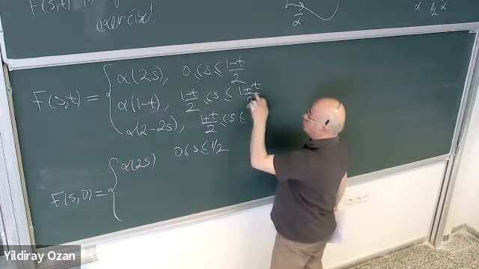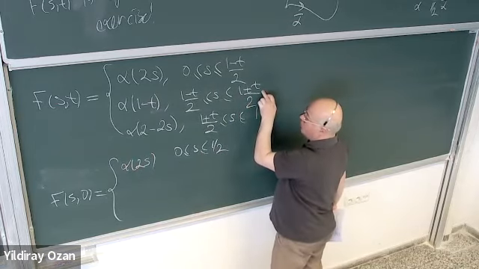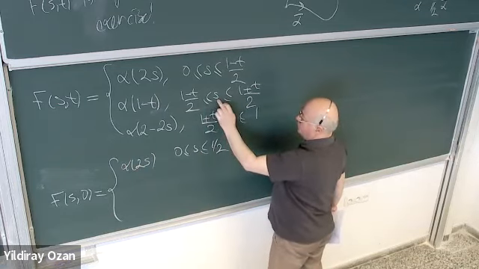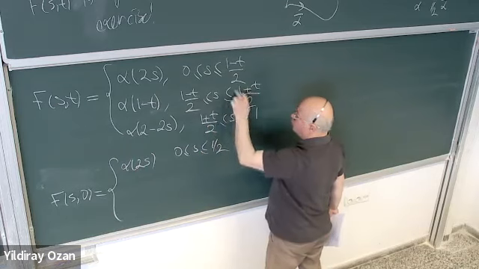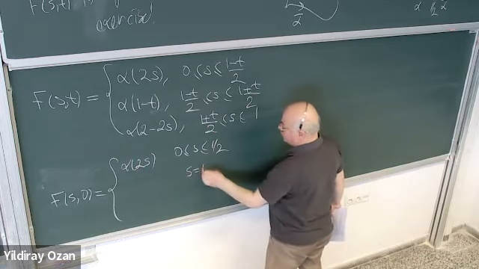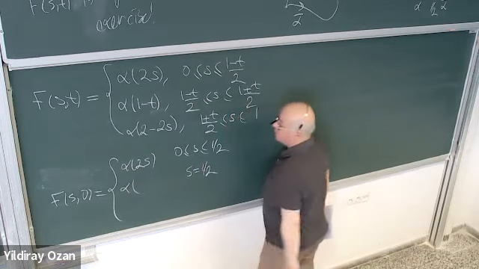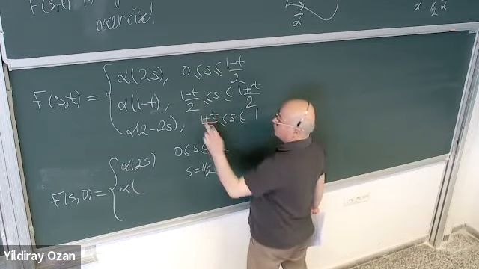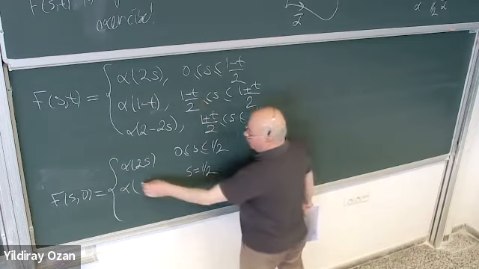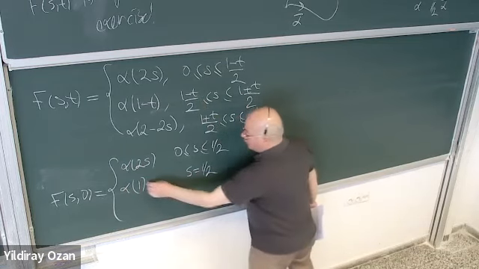When t equals 0, this is just s, so this is 1 over 2. This is just 1 over 2. And what is this? Alpha of 1. So you are at the point x0.